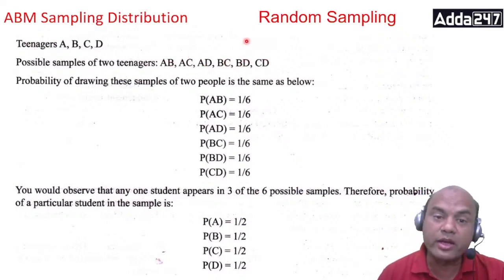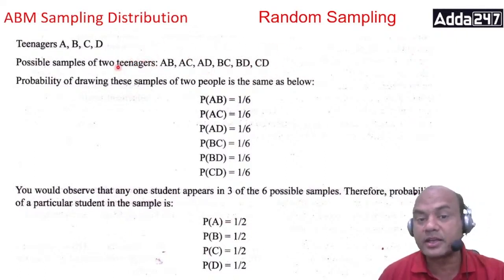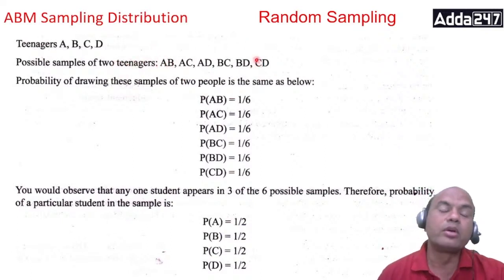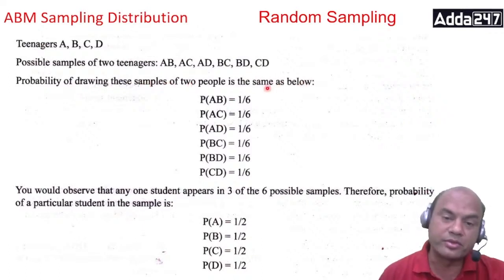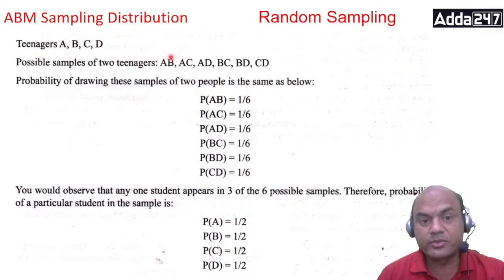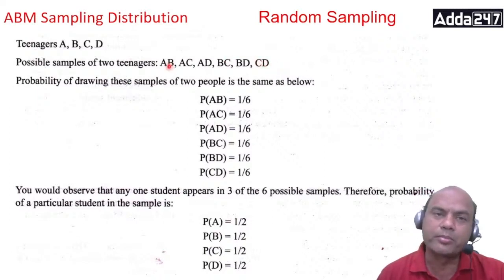You are having a separate topic of probability. There we'll study this again. So these are the groups I have selected. Now the question over here is, the probability of drawing these samples of 2 people is the same as below. Means what? Suppose I close my eyes and tell them to stand in these groups and select any group, BC or BD or AC.